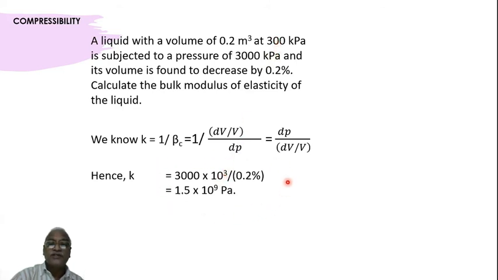We'll see that everything is put in Newton and meter square, and its volume is found to decrease by 0.2%. So dV by V is going to be 0.2%. Percent means again 1 by 100. Now if you do all that calculation, it simplifies to 1.5 into 10 raised to 9 pascals. Okay, thank you.